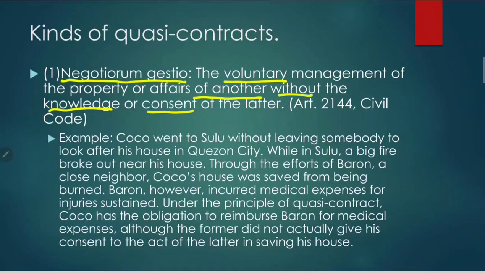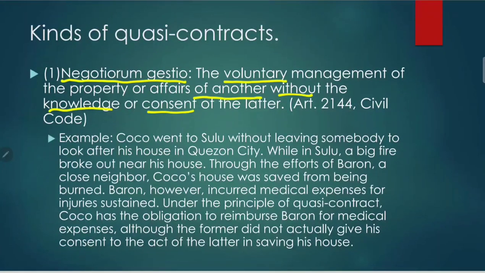Again, we have to take note na siya ay voluntary, siya ay unilateral, kasi yung obligation, papatak lang siya dun sa property owner, and it is lawful. Hindi naman siya ipinagbabawal ng batas. So, as example, Coco went to Sulu without leaving somebody to look after his house in Quezon City.